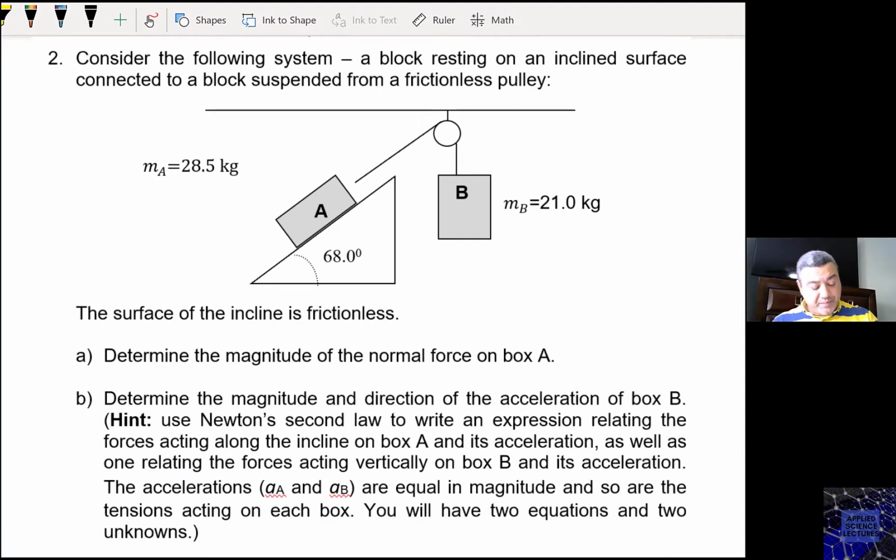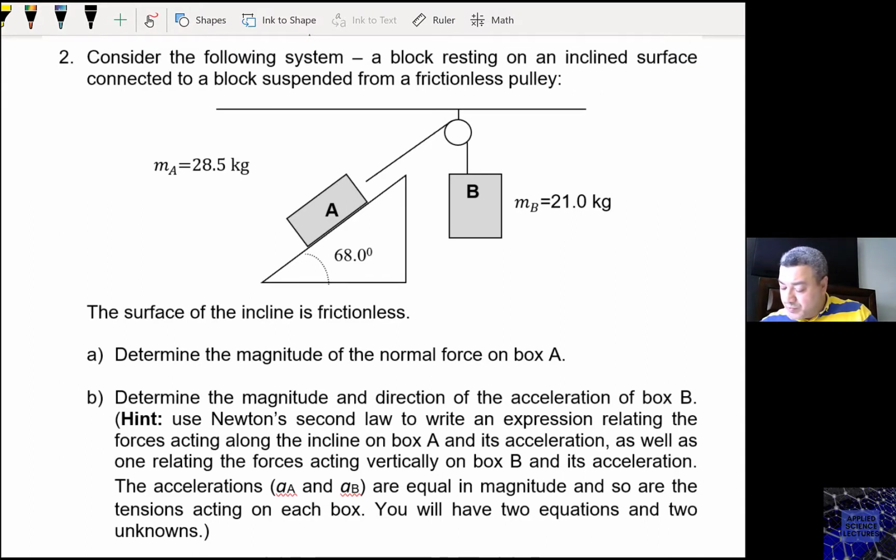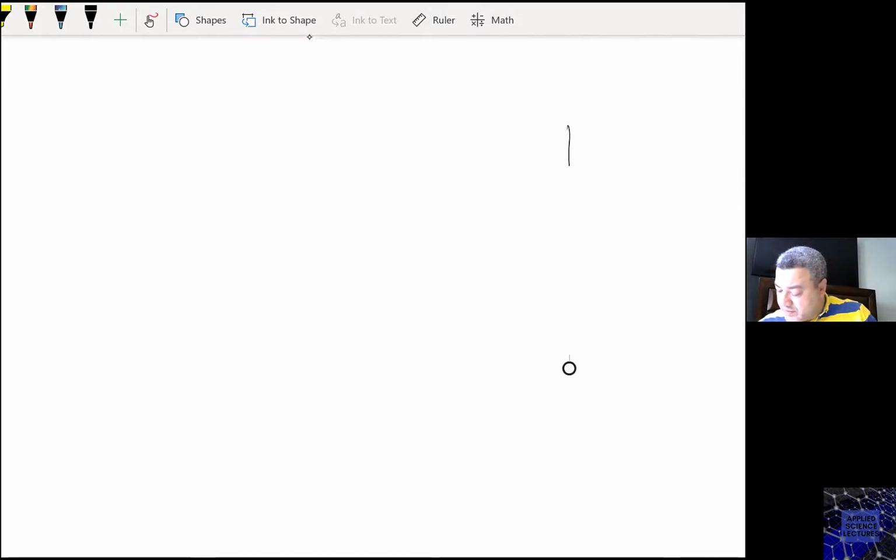I'll read the question. Consider the following system: a block resting on an inclined surface connected to a block suspended from a frictionless pulley. So the graph is as follows.